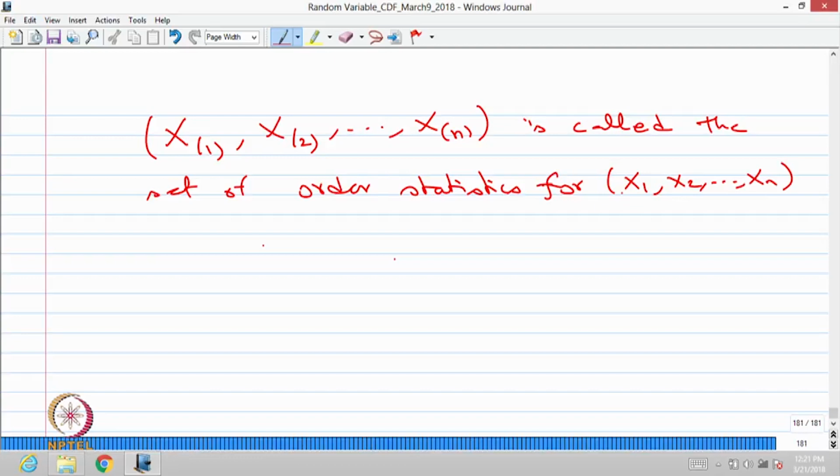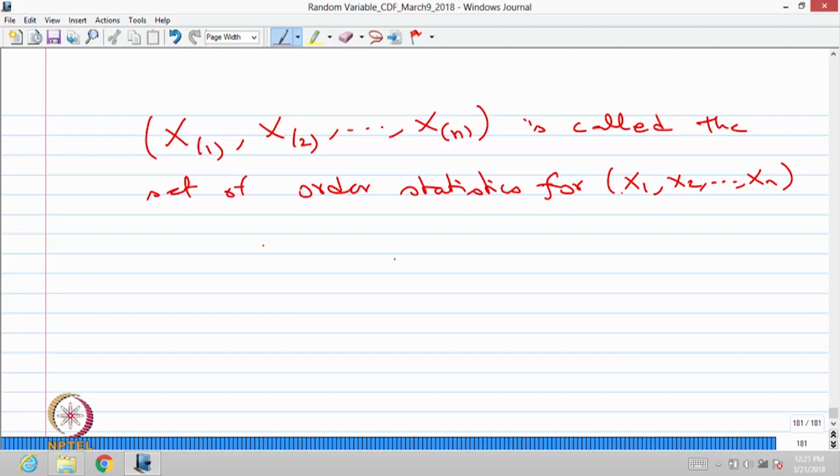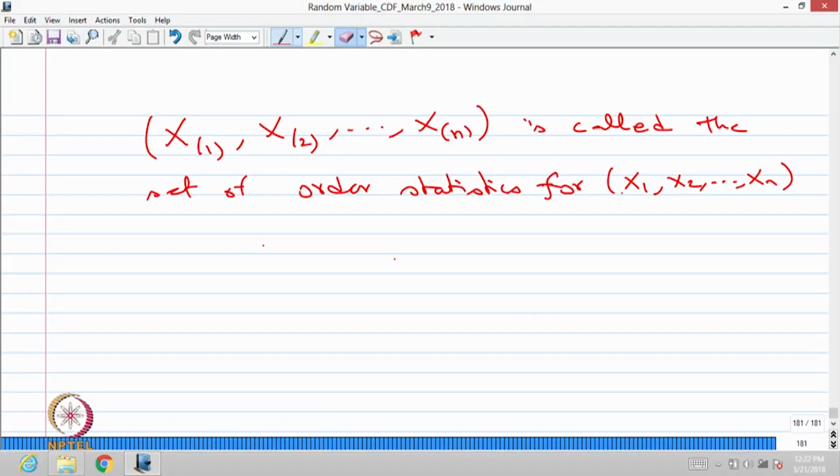So, from the given n-dimensional random vector, we are getting another n-dimensional random vector X bracket 1, X bracket 2 and so on, in which each X bracket k is a function of the Xi's, in which X bracket 1 is the minimum of all those random variables, X bracket n is the maximum of n such random variables. This set of n random variables is called order statistics.